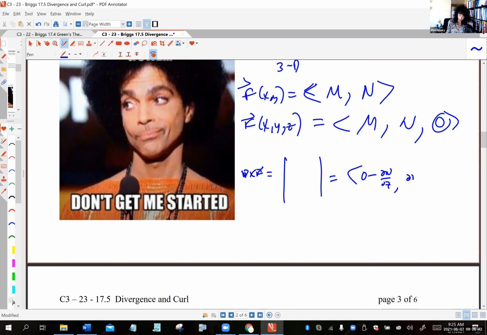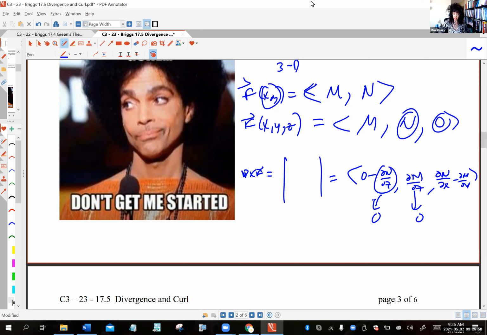You'll end up with dM/dz here because it's minus minus, and then you'll get dN/dx minus dM/dy. But this is 0 and this is 0. Well, how come? Because N only has x's and y's in it. So if you take the partial of N or M with respect to z, you're going to get 0.